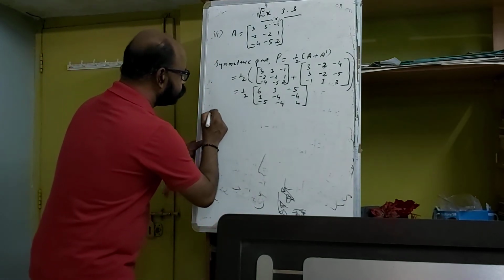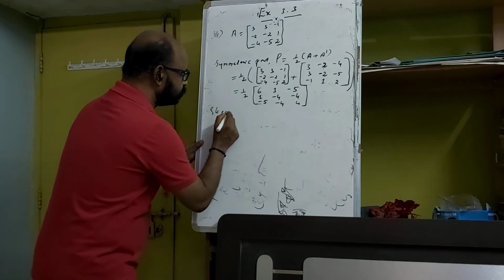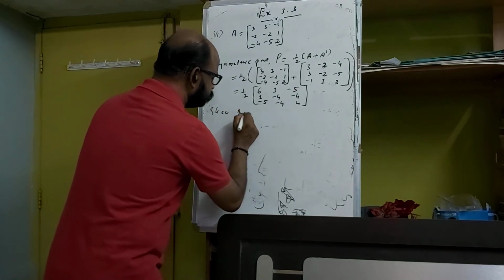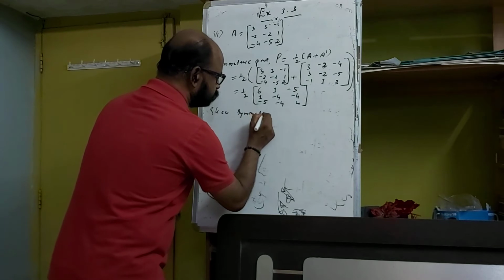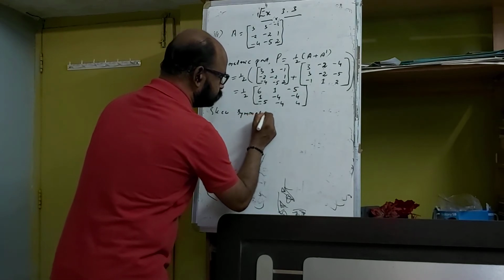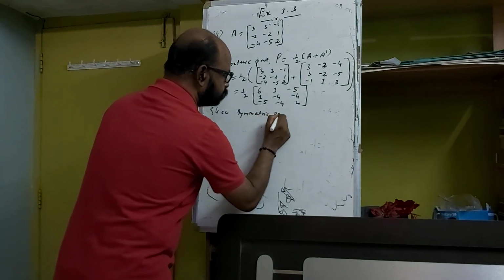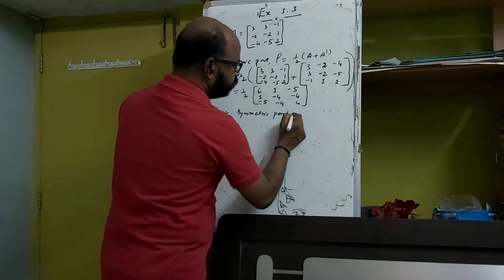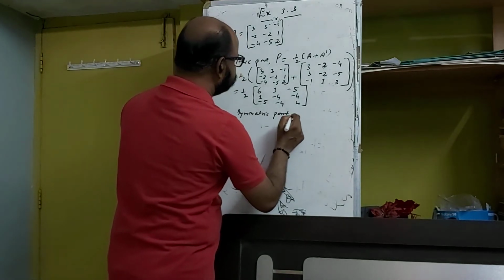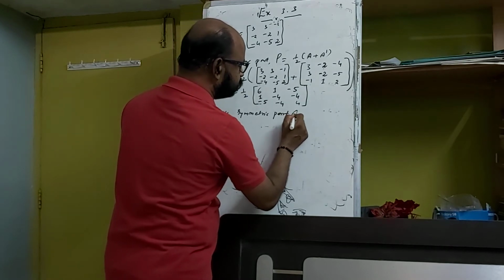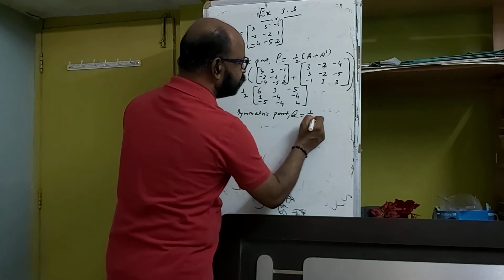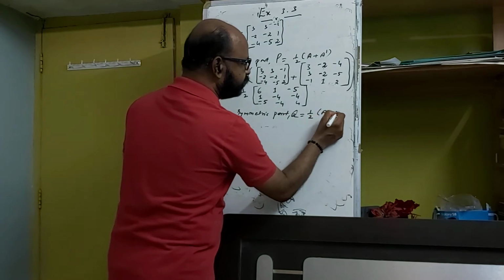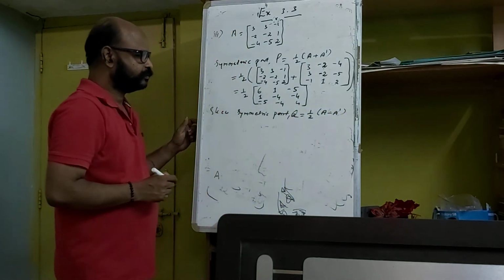Okay, skew symmetric part. We name it as Q, which is equal to half into A minus A transpose.